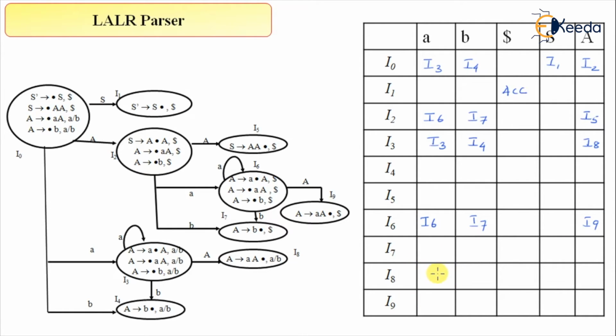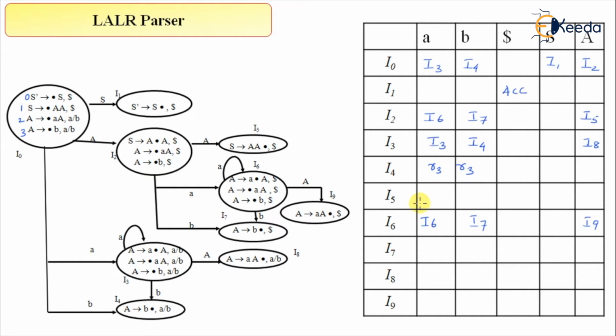Let's fill the reduce entries also. The numbering is 0, 1, 2, 3. So for I4, it is R3 in the a and b columns.